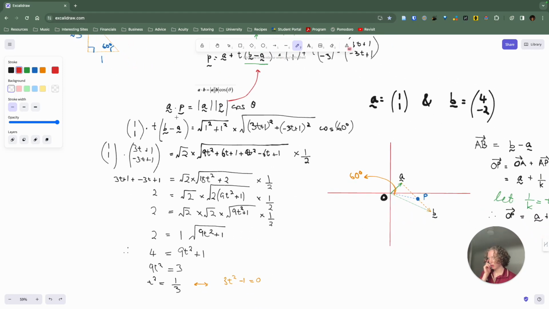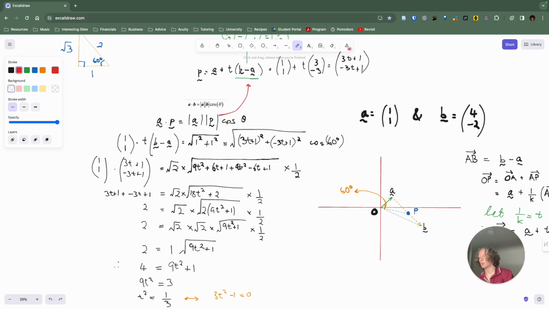So from that, this is just 1, 1, so 1 squared plus 1 squared is just 2. And then square root 2 we're just going to write as root 2.